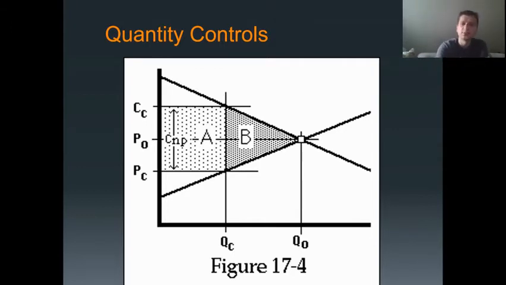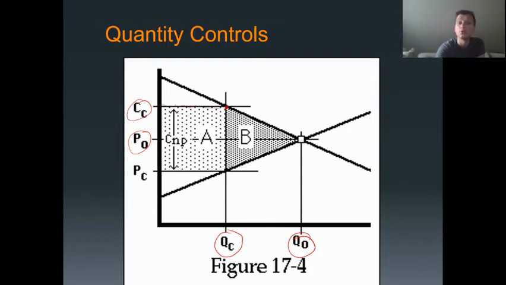So in this case, we have our supply and demand graph. We have our equilibrium quantity right here, we have our equilibrium price right here, and we have our quota set right here at QC. In this case, there is now a wedge between the price consumers pay and the price producers receive. The price consumers pay is that quantity on the demand curve, represented here by CC.